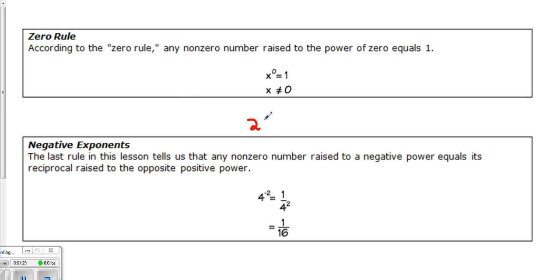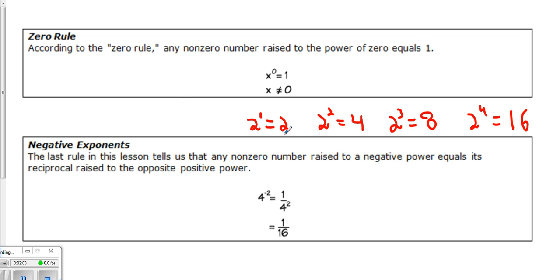If we have 2 to the power of 1, remember that just means 2 times 2 times 2 times 2 times 2, but there's only one of them, so that would just be 2. 2 to the power of 2 is 2 times 2, and there's only two of them. 2 times 2 is 4. 2 to the power of 3 would be 2 times 2 times 2, which is 8. I'll do one more. 2 to the power of 4 equals 2 times 2 times 2 times 2, which becomes 16.